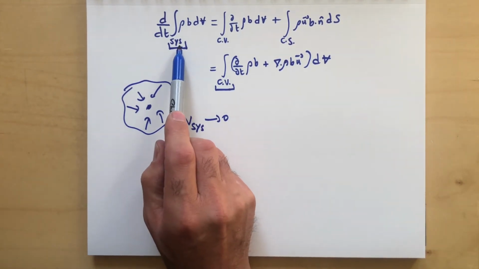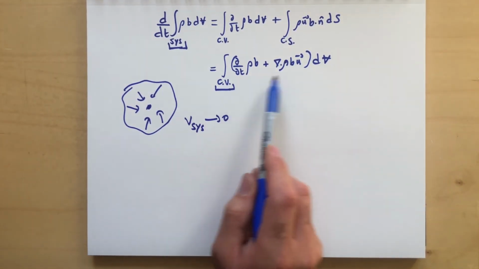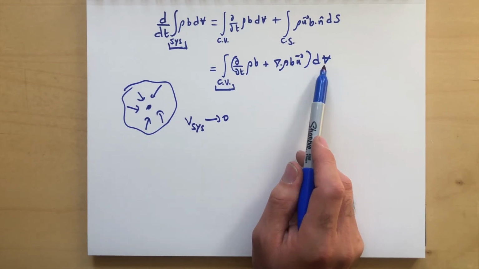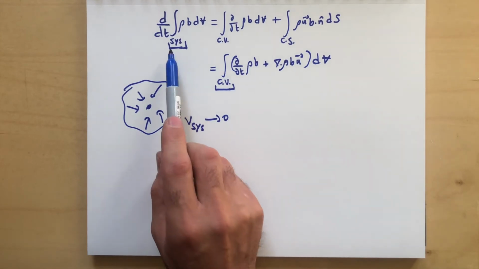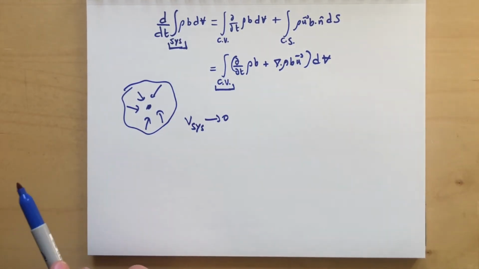So we can do this on the left-hand side, but on the right-hand side, what are we shrinking? The control volume, and how does that relate to the system volume? So what we really want is to have the same volume on both sides.